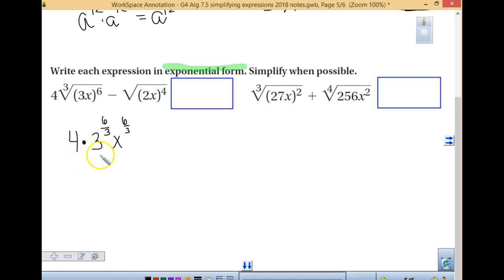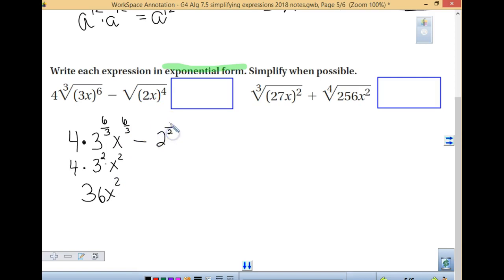Don't multiply the 4 and 3 together, right? Because this is 4 times 3 to what power? 6 divided by 3 is 2. So this is 4 times 9, which is 36. X to the 3 over 2 is x to the 2nd. Okay? Minus. The 2 is going to be to what fraction?